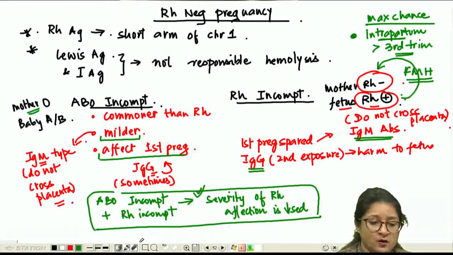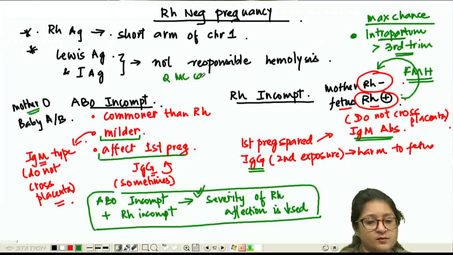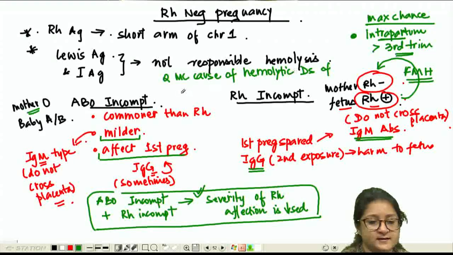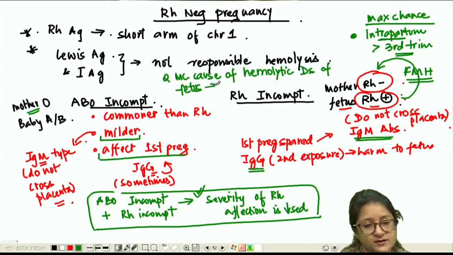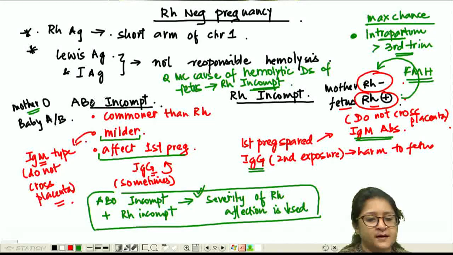Another important point: if they ask you which is the most common cause of hemolytic disease of the fetus, the answer is Rh incompatibility. Again, the reason being that ABO incompatibility is much milder.